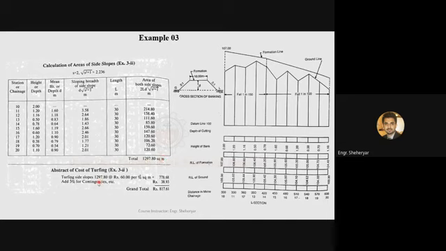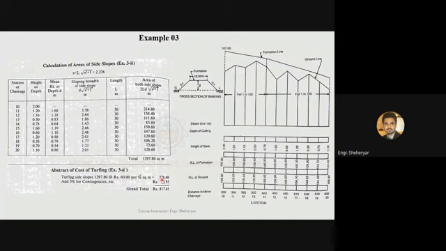Now you are given that the cost of the turfing is 60 rupees per 100 square meter, but we have the quantity in square meters, not in 100 square meters. So convert this into just square meters. For that purpose, you have to divide this by 100, and you will get 0.6 rupees per square meter.